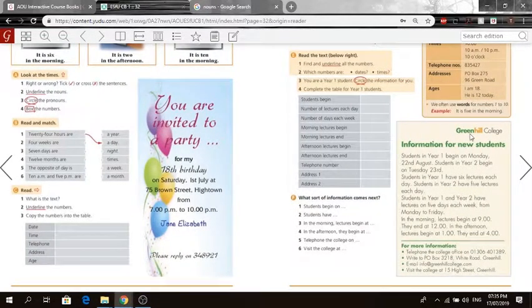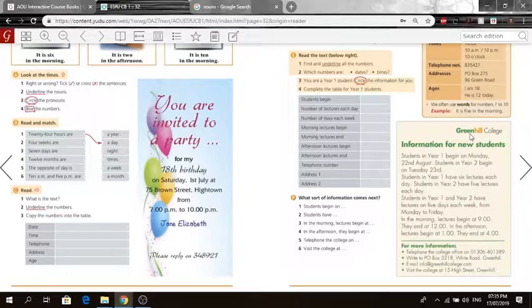Greenhill College. Information for new students. Students in year 1 begin on Monday, 22nd August. Students in year 2 begin on Tuesday 3rd. Students in year 1 have 6 lectures each day. Students in year 2 have 5 lectures each day. Students in year 1 and year 2 have lectures on 5 days each week, from Monday to Friday.